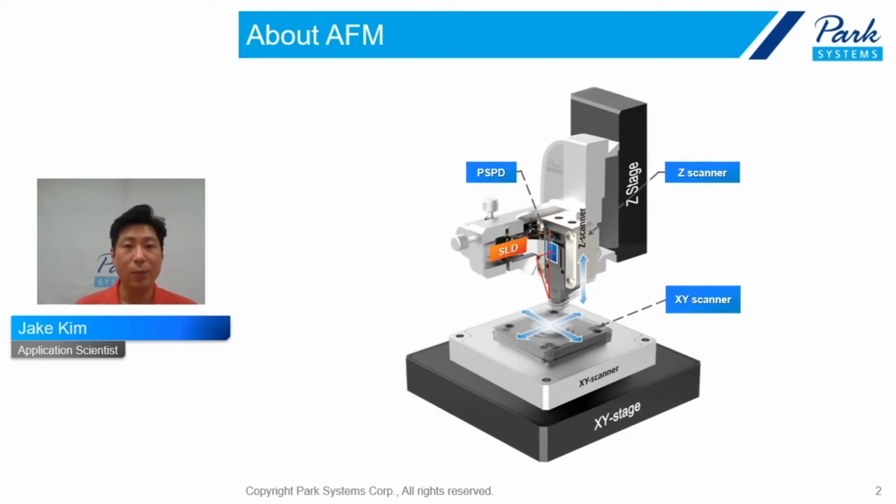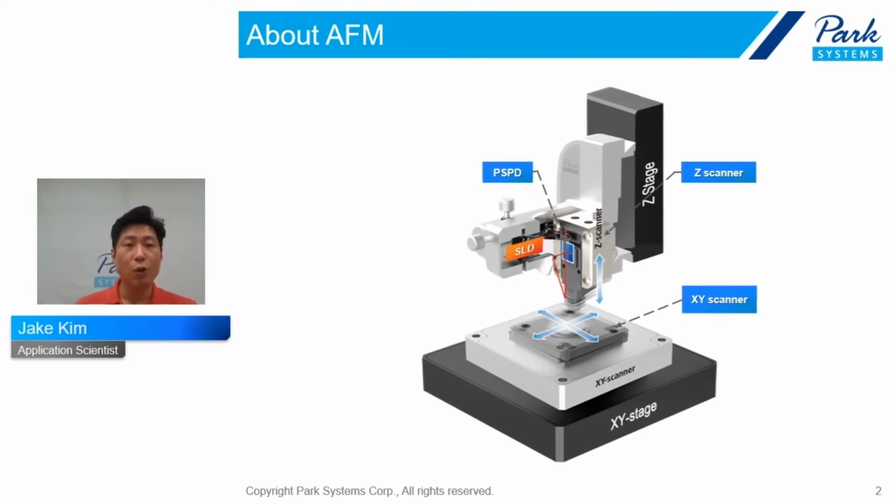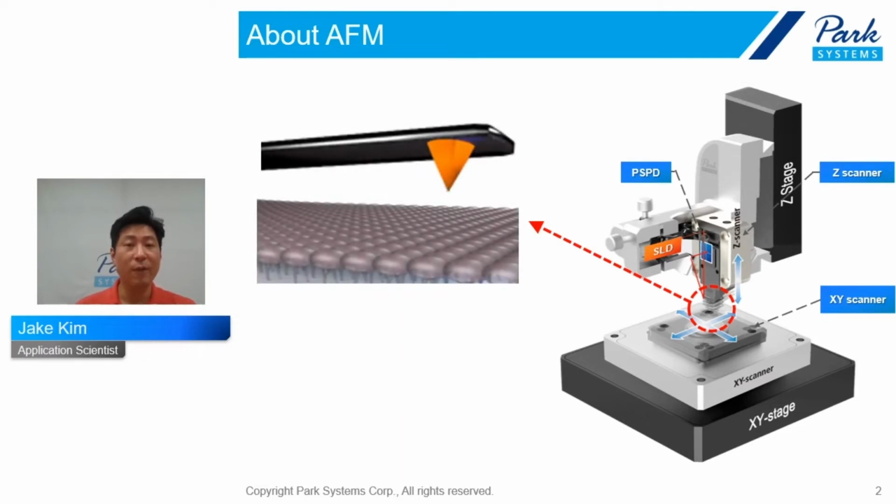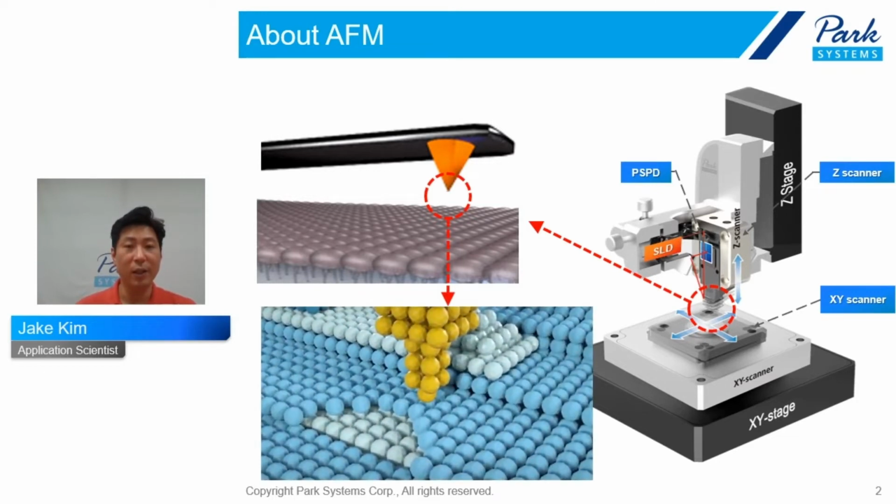Since AFM was developed, various applications of nanotechnology were established, and those applications have led technological advances in many science fields. Using X, Y, and Z scanners, three-dimensional information of the sample surface can be constructed. A tip a few nanometers in size scans the sample surface by using interaction like atomic force between the AFM tip and the sample surface, like this.